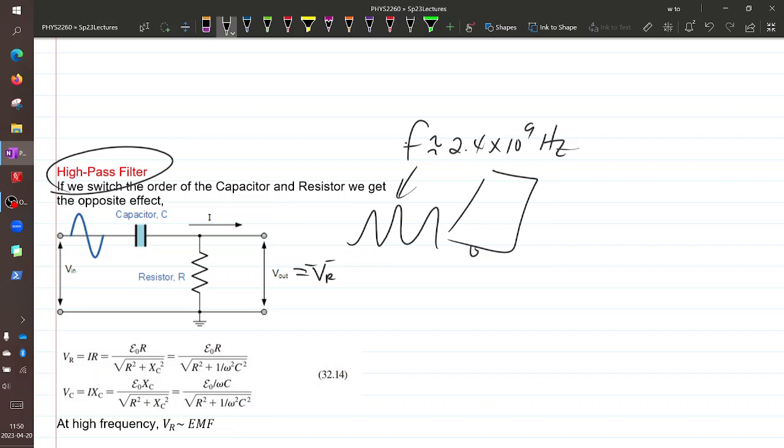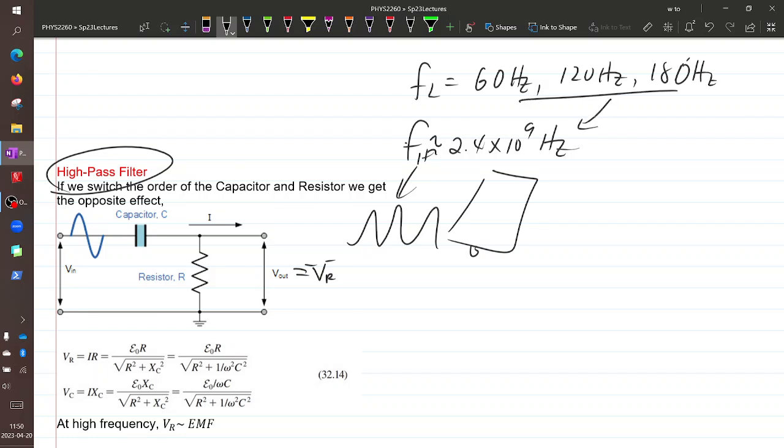But there are other electrical signals around, such as these lights. You have a low frequency background, which is going to be 60 hertz or 120 hertz, or actually 180 hertz. These are much lower.